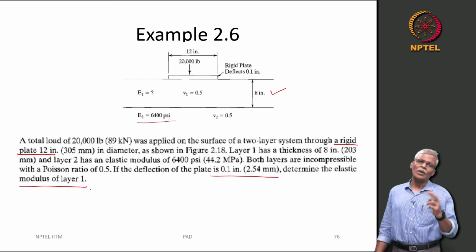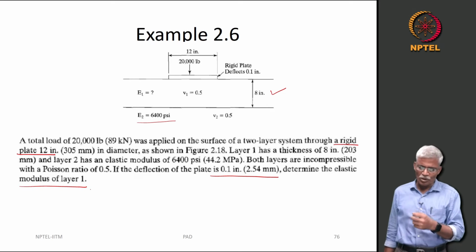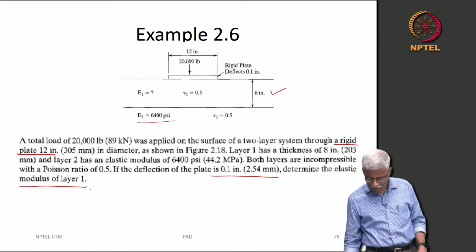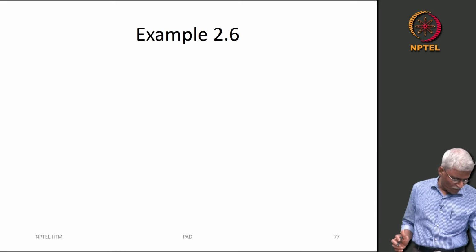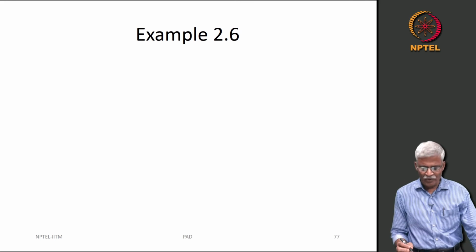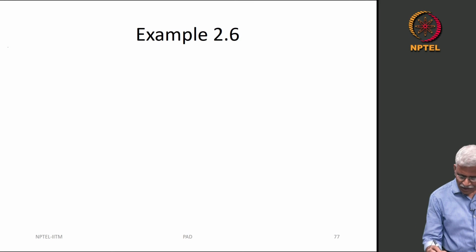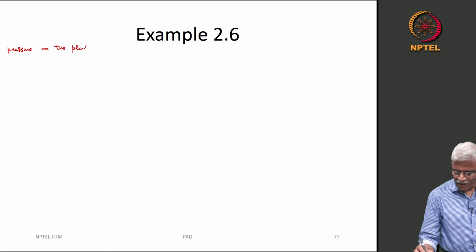So, you need to appropriately use some of these expressions. So, let us try to do it here carefully. Okay. Now, first we will write what is the pressure. Now, you need to understand this carefully.